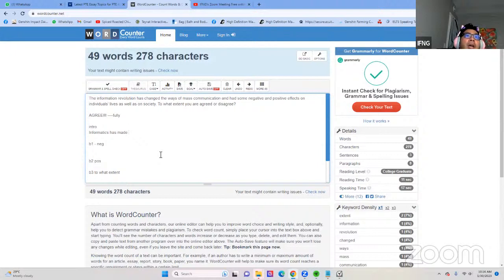Informatics has heavily impacted society.